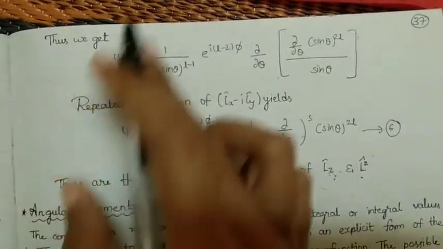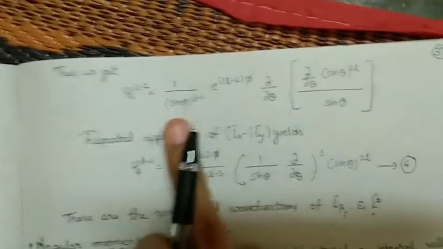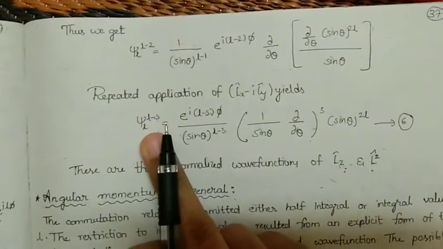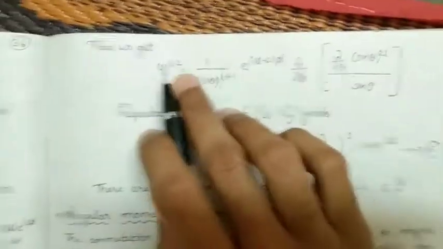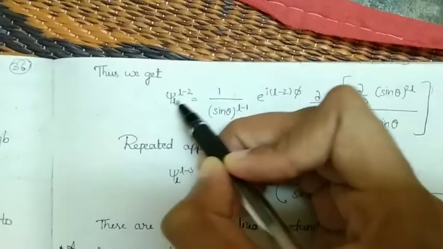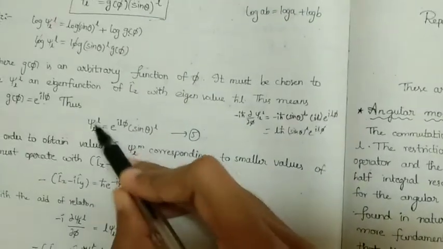So ξ_L^L, ξ_L^(L-1), ξ_L^(L-2), all these are wave functions for the same value of L but for different values of m. Here you can see that L is the same for all of them, and the only difference is the m value, L-1, L-2.